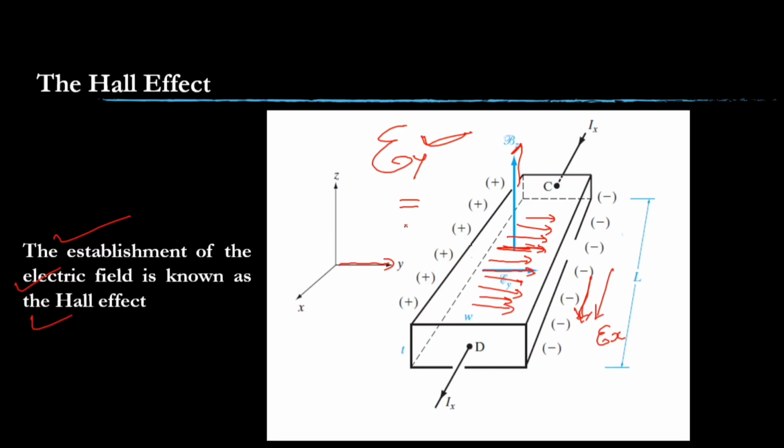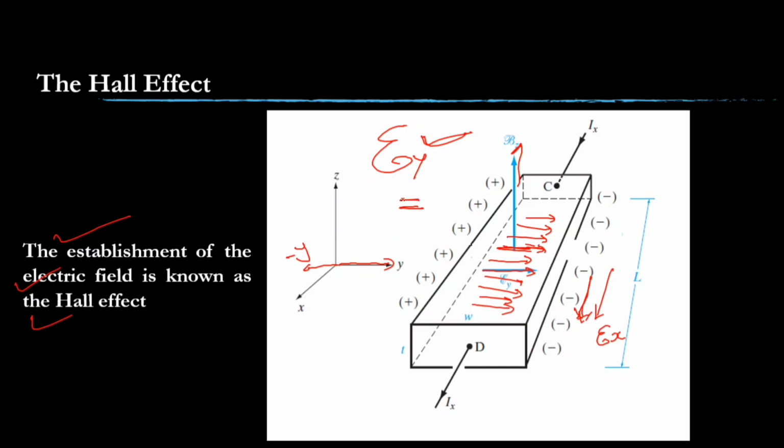I repeat once again, the force experienced on the holes in the minus y direction because of the Lorentz force, and the force experienced on the holes because of this Hall effect electric field, are going to be equal at some time.